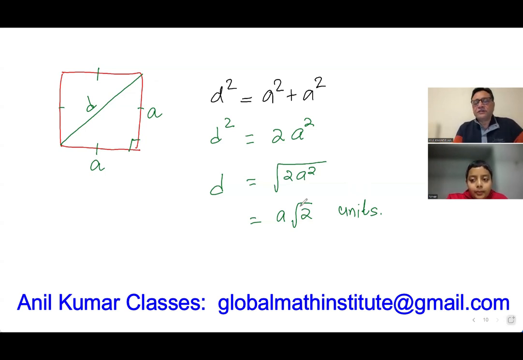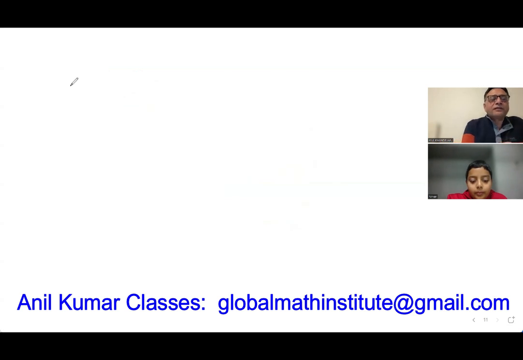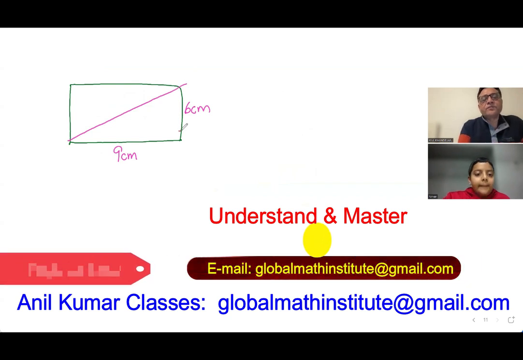Yes. Very good. Let's take up a rectangle now. Let's say we have an envelope whose dimensions are 9 centimeters by 6 centimeters. Find the length of the diagonal in this case.